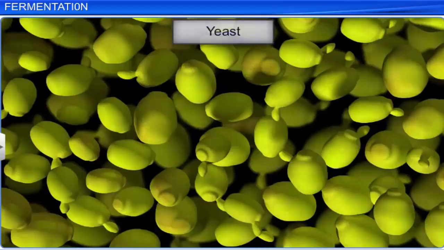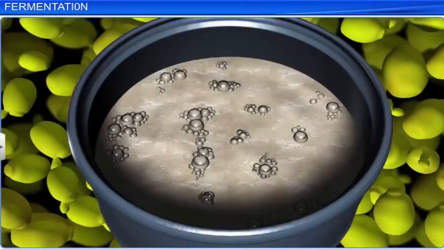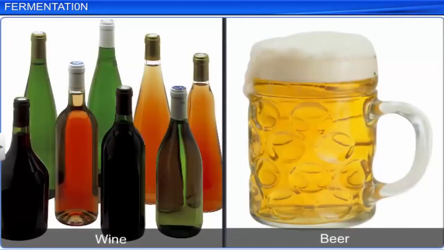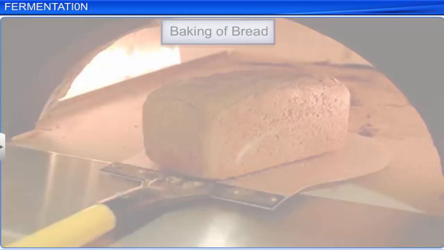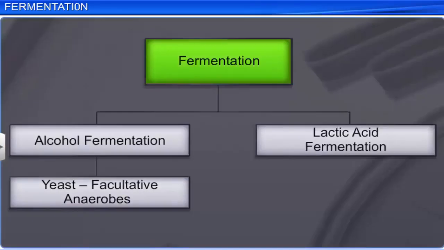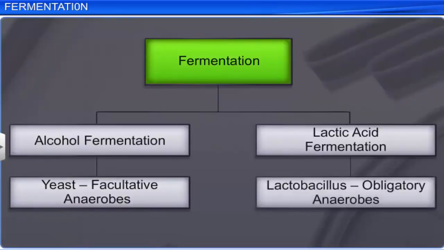Yeast is widely used in the production of alcohol beverages like wine and beer, and to bake bread. The fermentation of lactic acid is carried out by bacteria like lactobacillus, which are obligatory anaerobes.